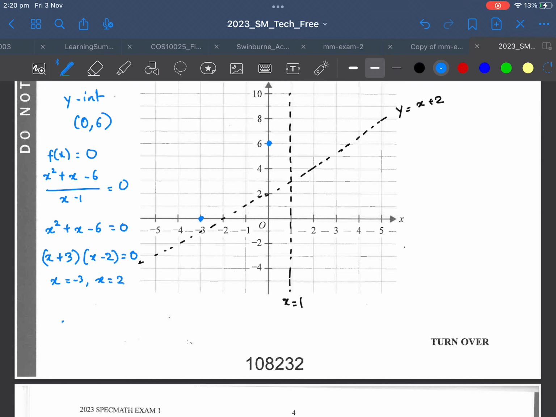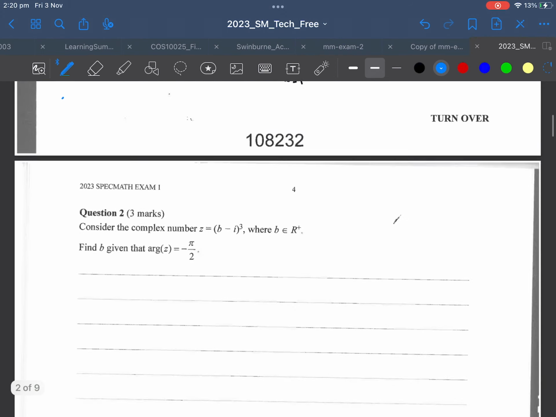So minus 3 and 2. So the graph is going to look something like this and something like that. Okay, let us quickly just label our intercepts. 0, 6, minus 3 and 0, and this will be 2 and 0. Okay, so that's how you do this question.